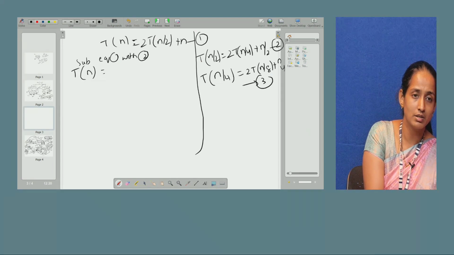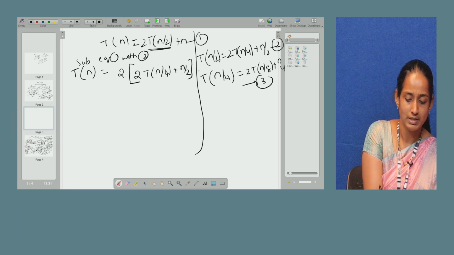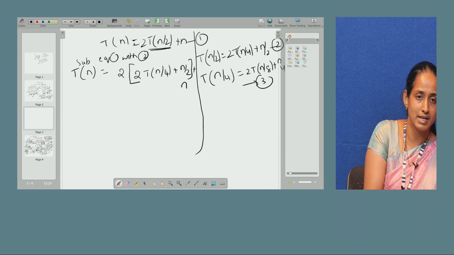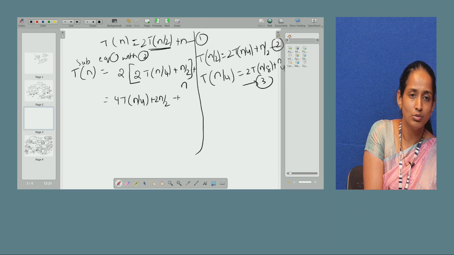Only the T of n by 2 part needs to be substituted. Then 2T of n by 4 plus n by 2, plus we have one more n, right? So write it as it is. So it will be 4T of n by 4 plus 2n by 2 plus n.